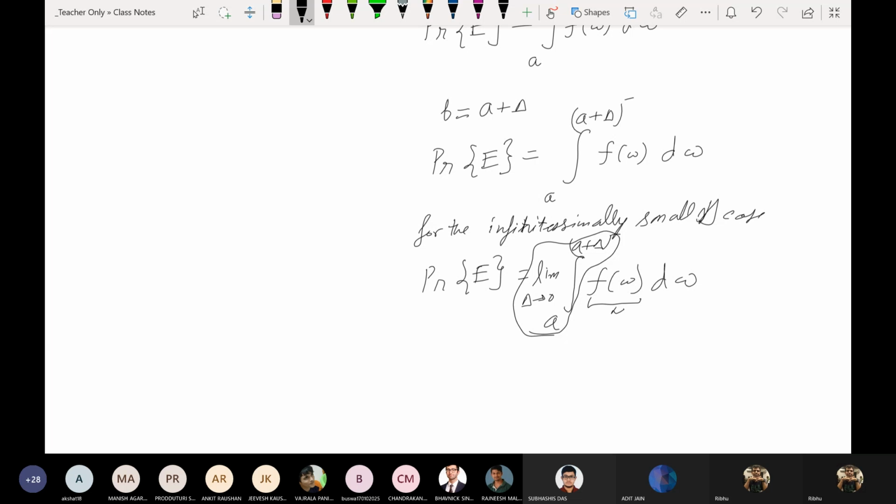So assuming that this f of omega is constant for omega from a to a plus delta, you always say that it will be close to f(a) delta.